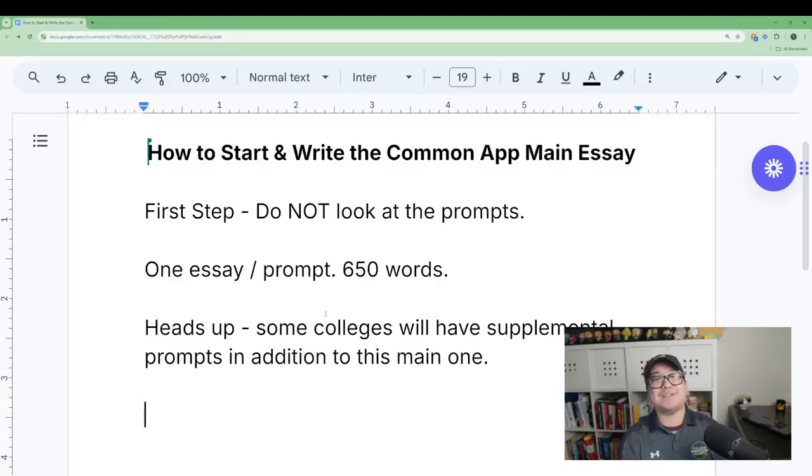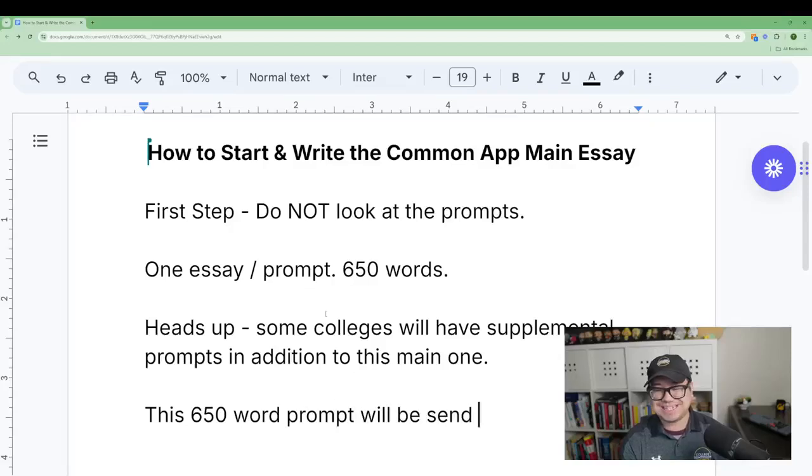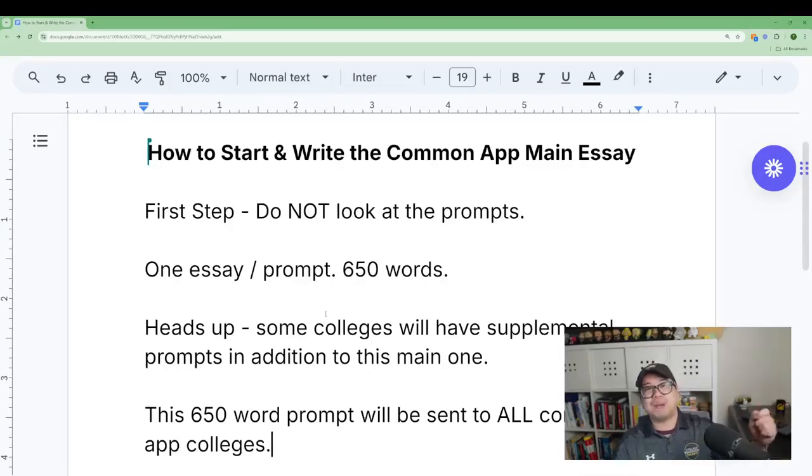However, this 650-word essay will be sent to all Common App colleges. Not every school has a supplement, but every single Common App school will be looking at your main essay, so we want to make sure it is done correctly.